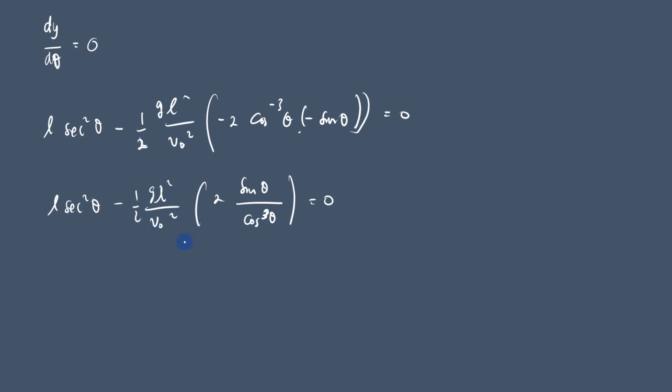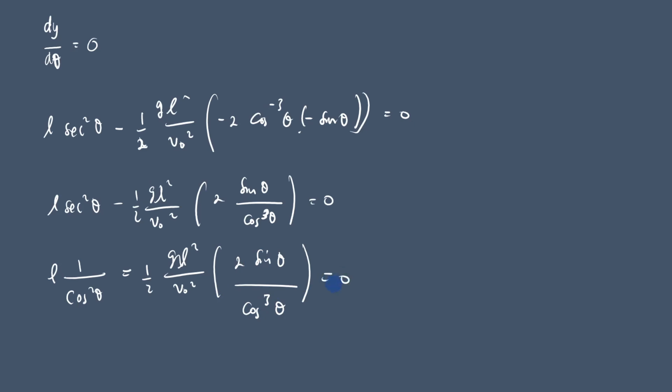We move this term to the right side, and we get secant squared, which is 1 divided by cos² θ, equals g L² over V0² times 2 sin θ divided by cos³ θ. Sorry, this is not equal to 0, because this term has moved to the right side.